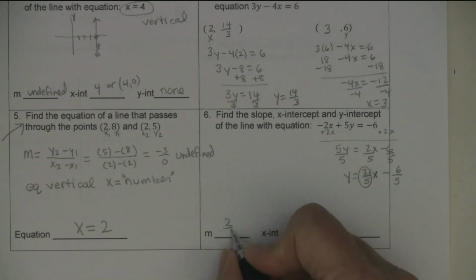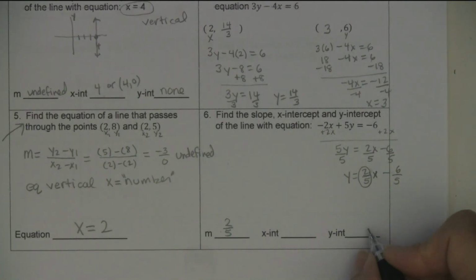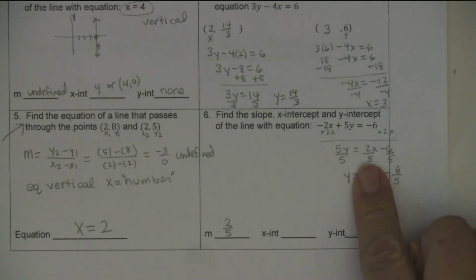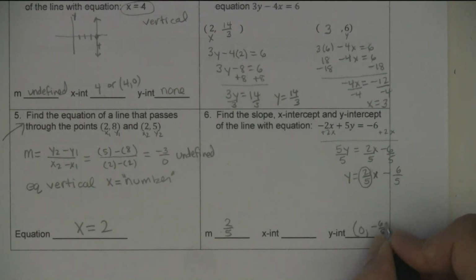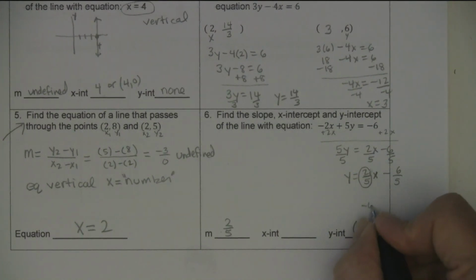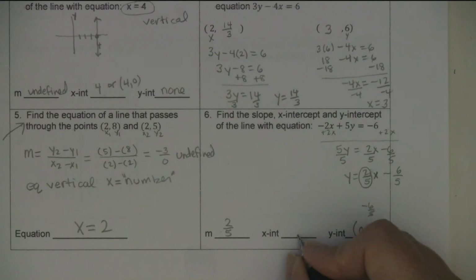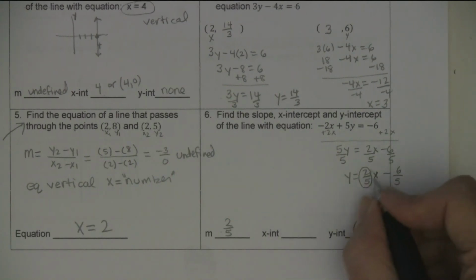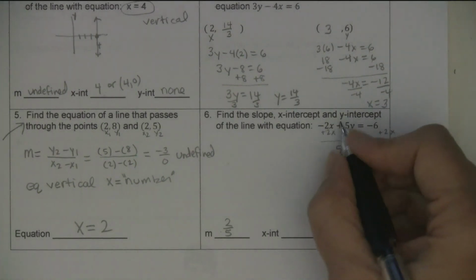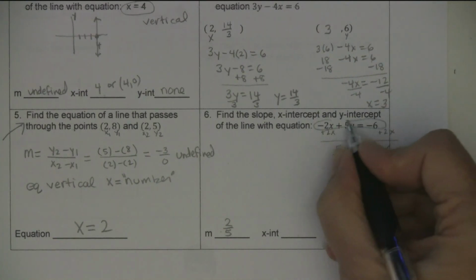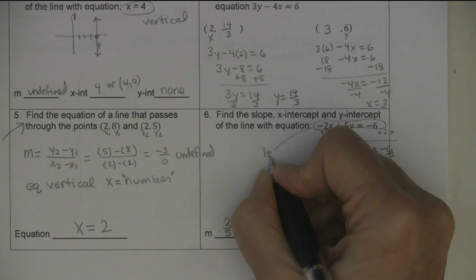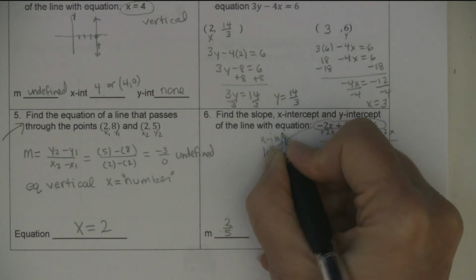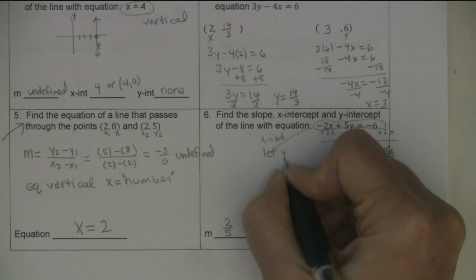So I can just write it down. How you find the y-intercept is by letting x be 0, and then y is -6/5. So 0, -6/5. It's okay just to put shortcut notation -6/5. It's hard to find the x-intercept from this form, so it's better from the original, standard form. And so how you find the x-intercept is you let y equal 0.